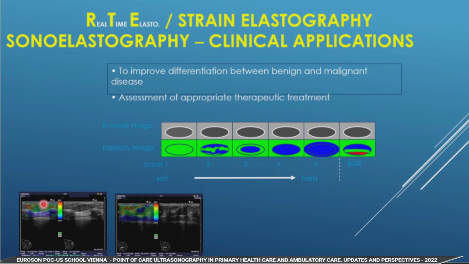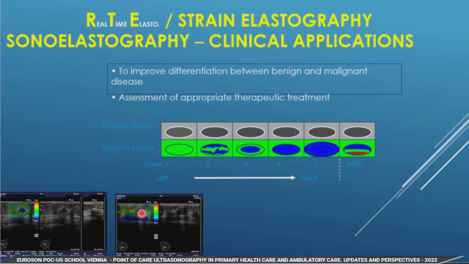Then score 2, the same size between the B-mode image and the color map of the elastography, but with some blue signal in the center, or a heterogeneous center.